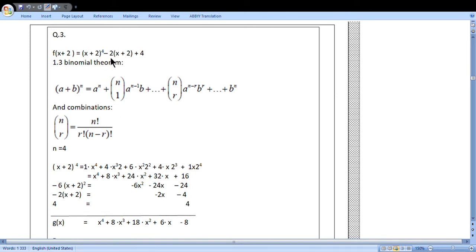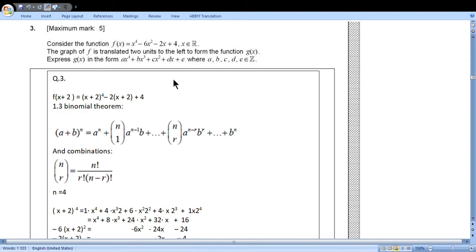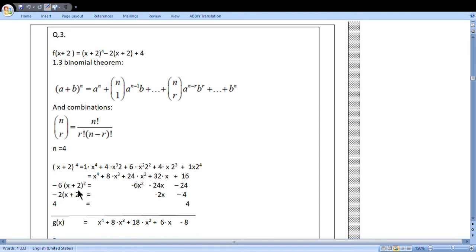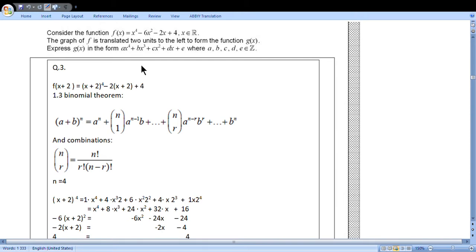Then we have minus 6(x plus 2). By the way, here I forgot to put something, so all this should be written here also.